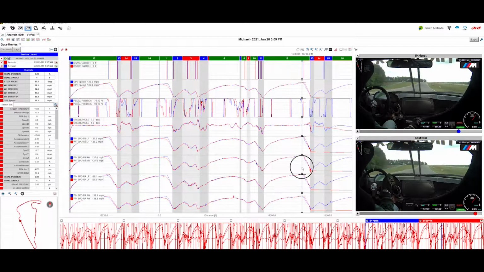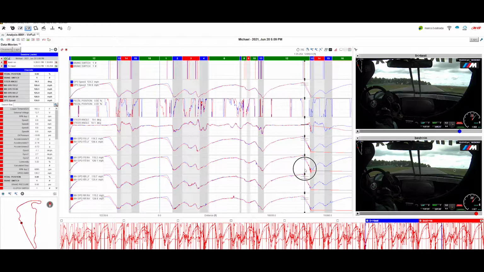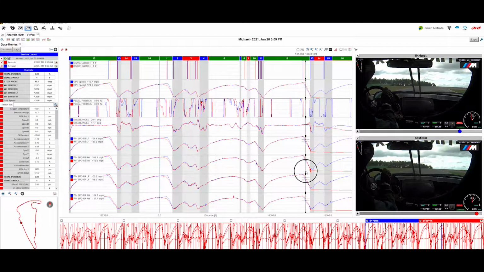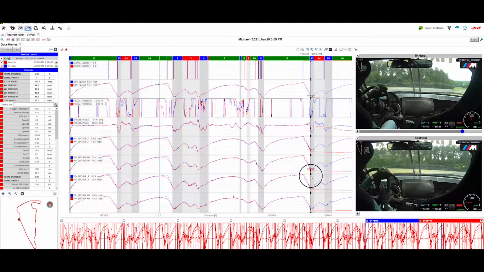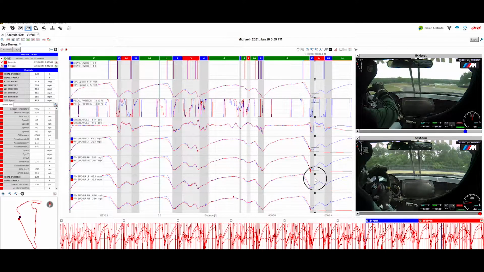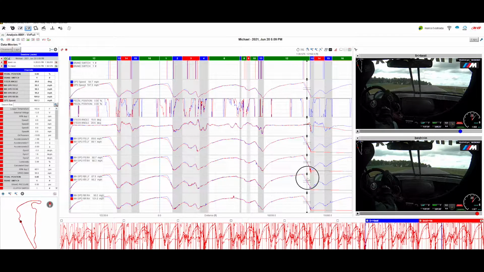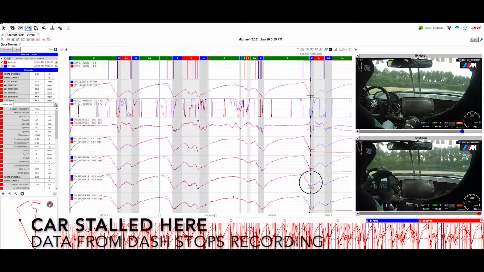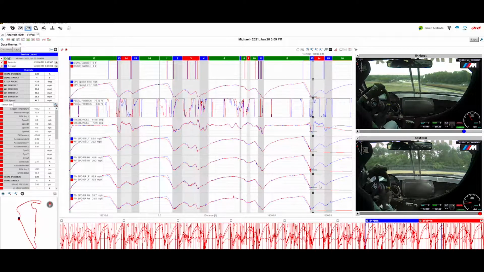But the most important piece here is that the rate of the car slowing down from the blue line to the red line is exactly the same, meaning the car is decreasing speed at the same rate as on the blue lap. It seems like at some point the data stops recording for the red lap right here, so we can't see the rest, but this is not important anymore.